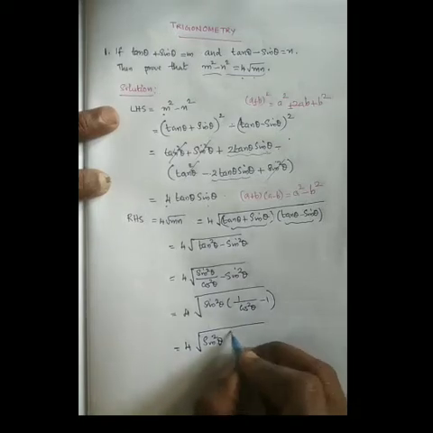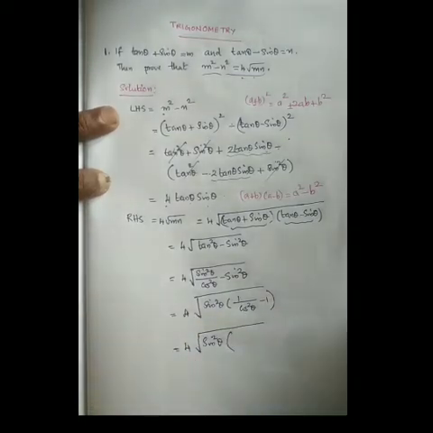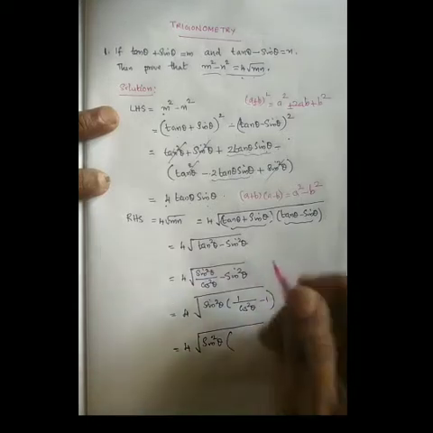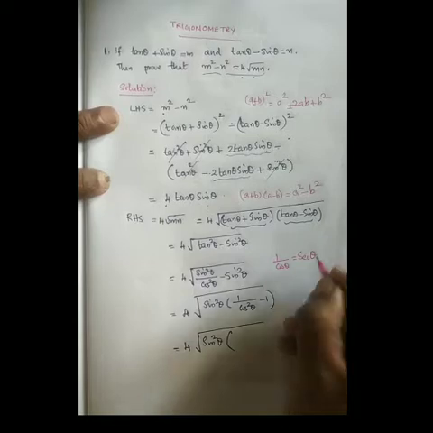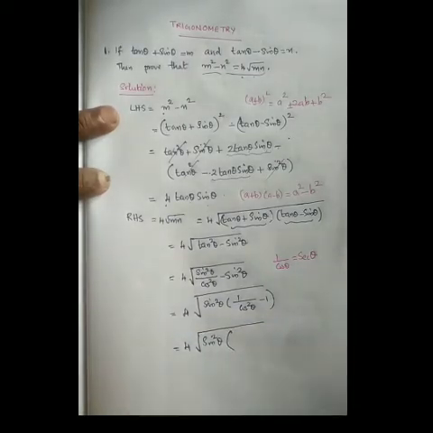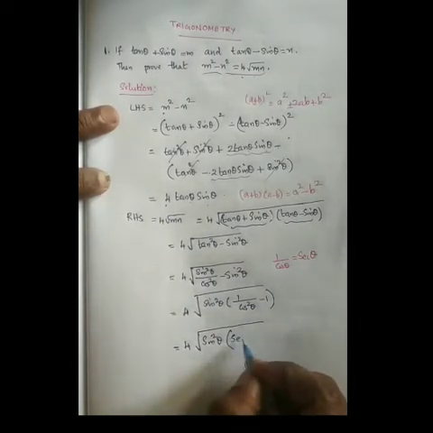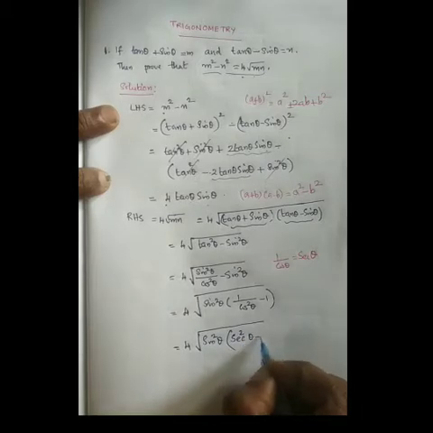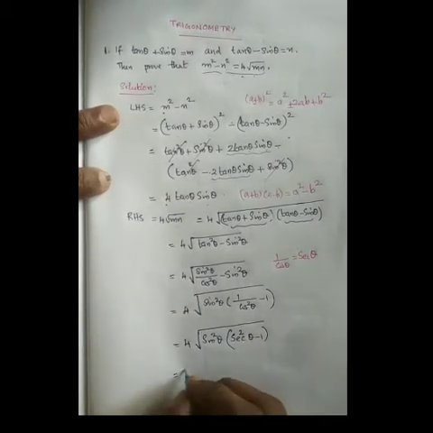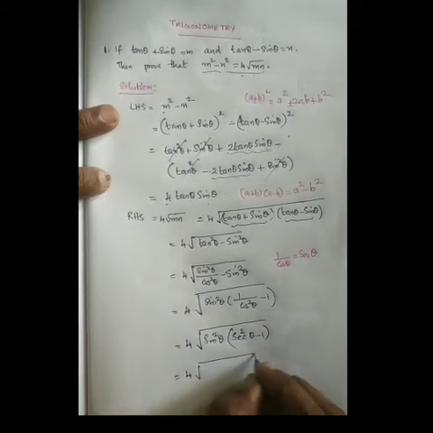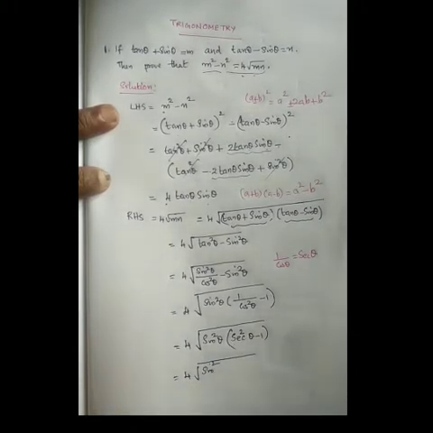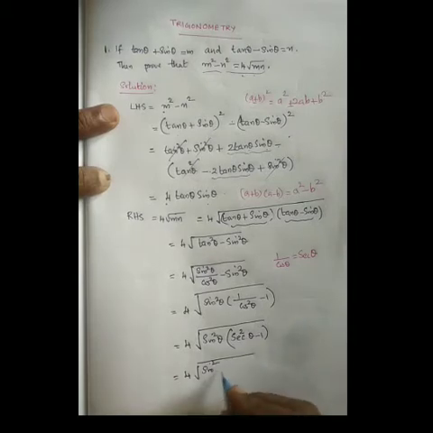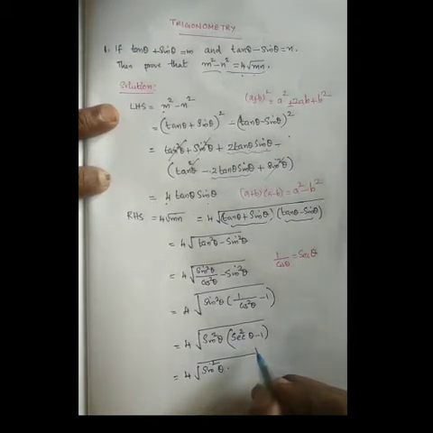into, we know that 1 by cos theta is sec theta, isn't it? 1 by cos theta equal to sec theta. Therefore 1 by cos square theta becomes sec square theta minus 1, that is 4 into square root of sin square theta into sec square theta minus 1. What is it? It is tan square theta.